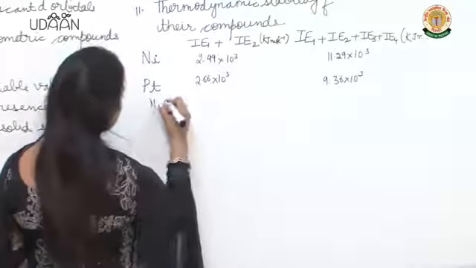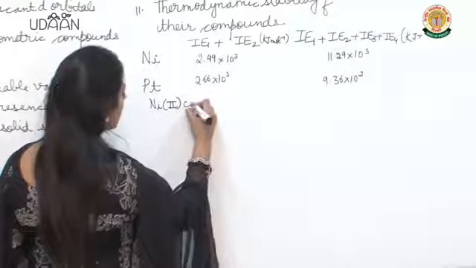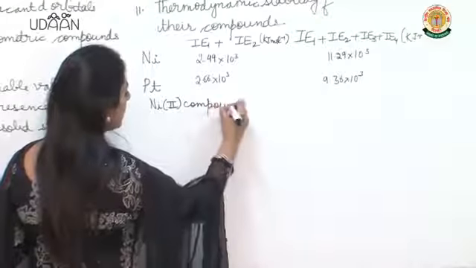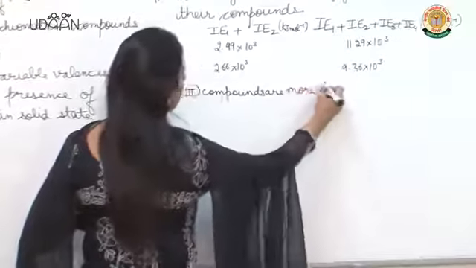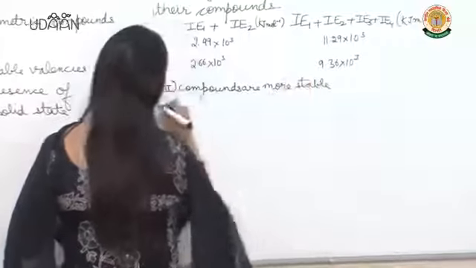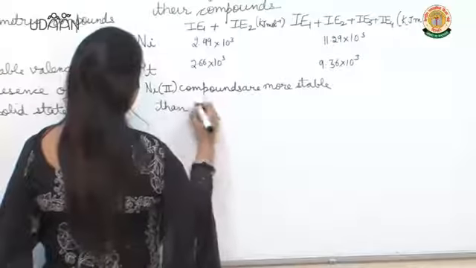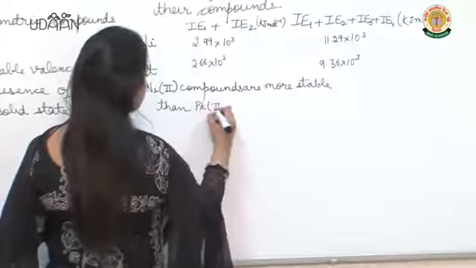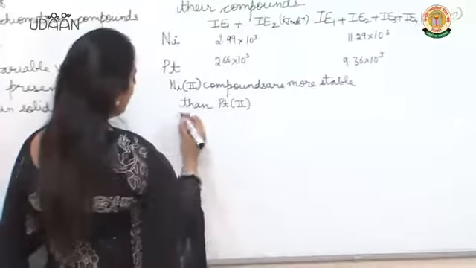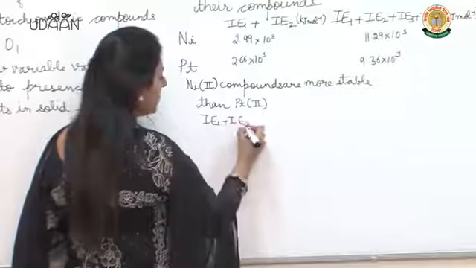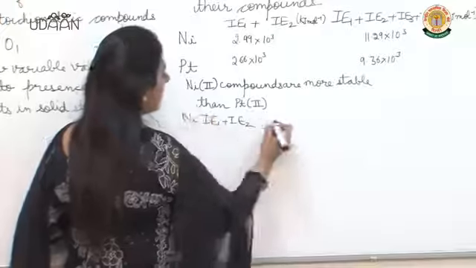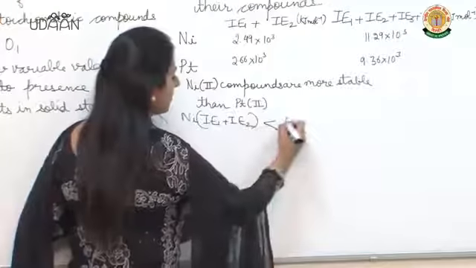That means nickel 2 compounds are more stable than platinum 2 compounds. Why? Because IE1 and IE2 of nickel is less than platinum.